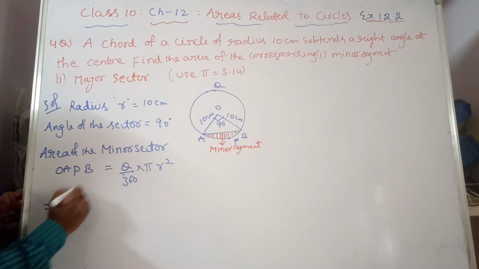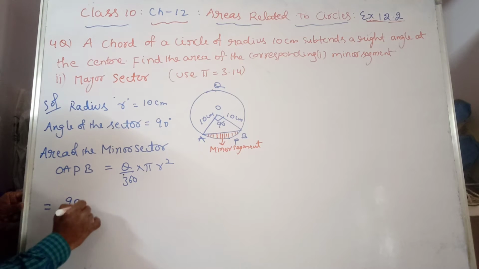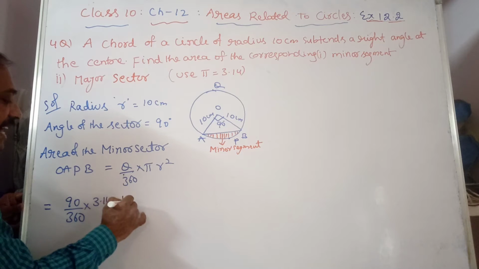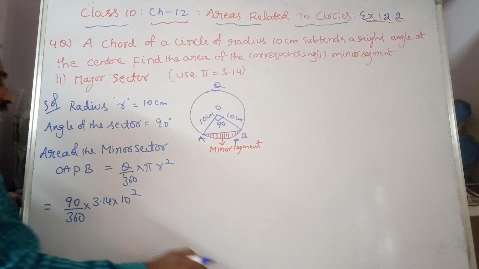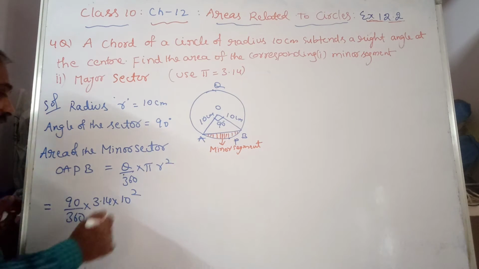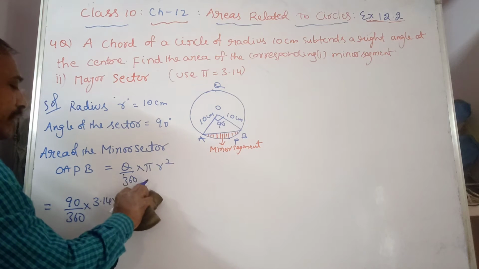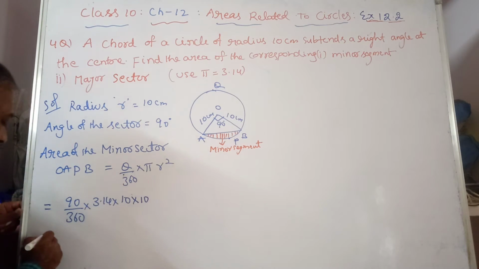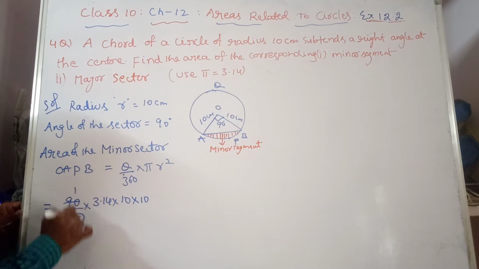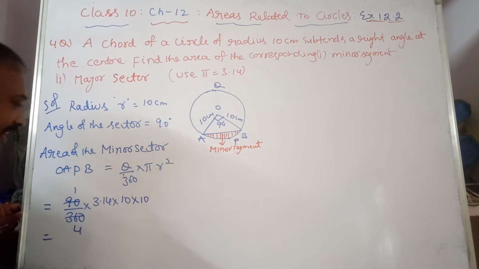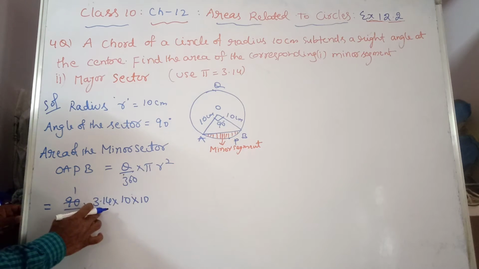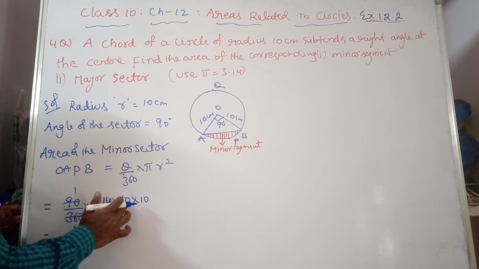So which is equal to theta value 90 by 360 into pi 3.14 into 10 square, which we can write as 10 into 10. Are you following? Now 90 ones are 90, 4 nines are 360, and 3.14 we used for pi, radius is 10.